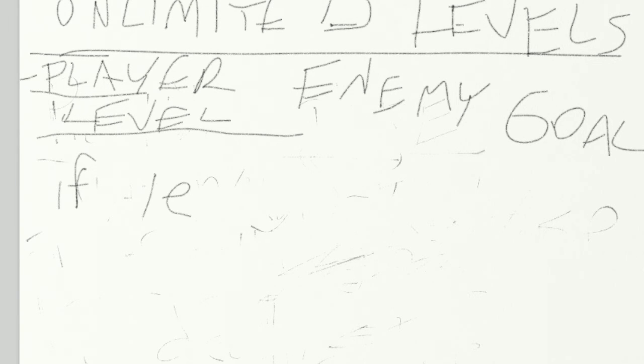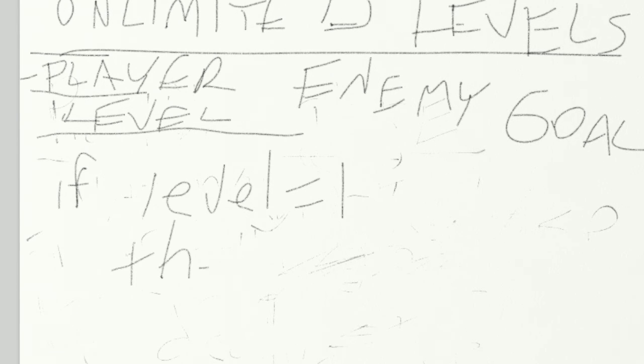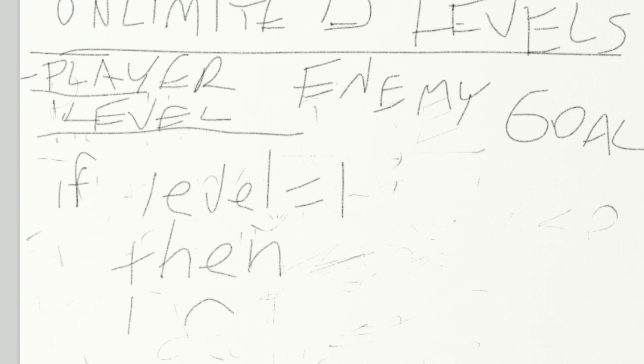So the level, and that's going to be the key here. So if level equals 1, then, I'm actually writing this backwards. It actually wouldn't be an if-then statement. If level equals 1, then create 1 of something. So we're not going to do that for this one.